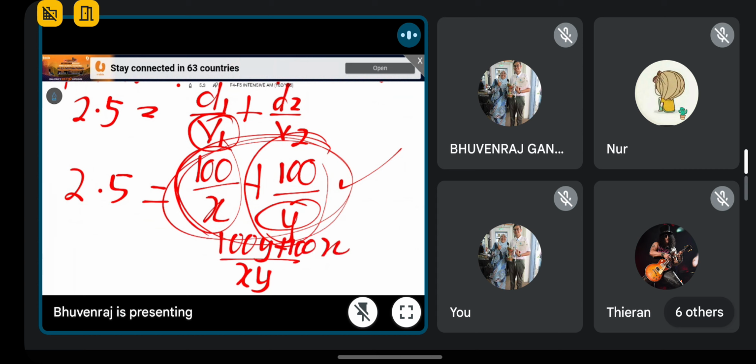So you'll get something like this. Ashwina, cannot directly combine like that, because you can combine like that only if the denominator is the same, penyebut yang sama. Baru you can combine like that. You must do like this, separately. So this thing equals 2.5. So then easy already.